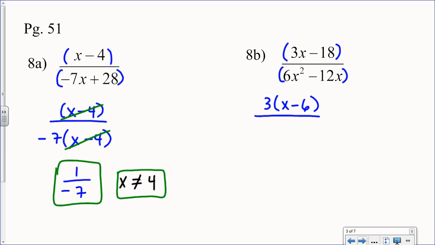What do I need to factor out of the denominator? 6x. So once you do that, then it's no longer a quadratic. I have 2x. No, I'm sorry. I have x minus 2. x minus 2. Okay?